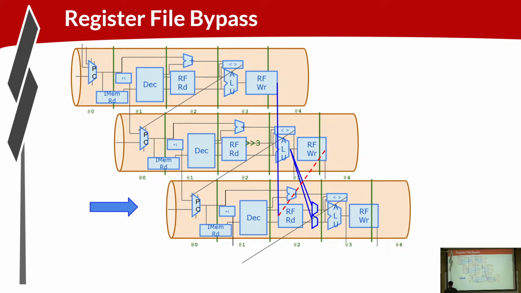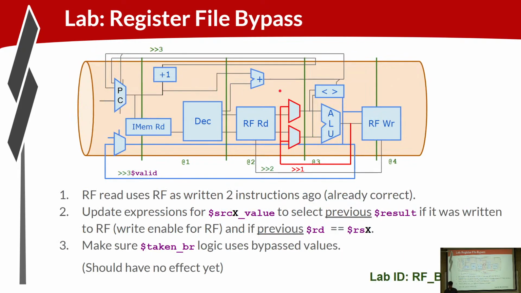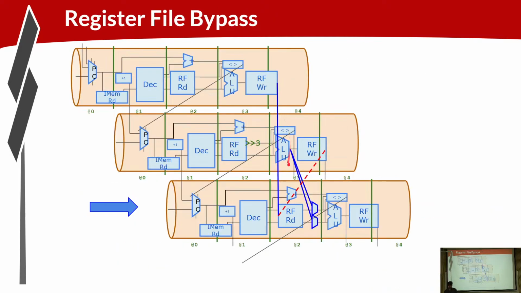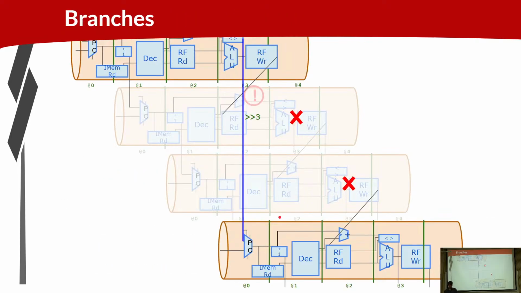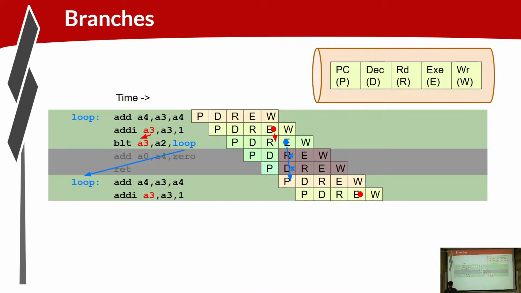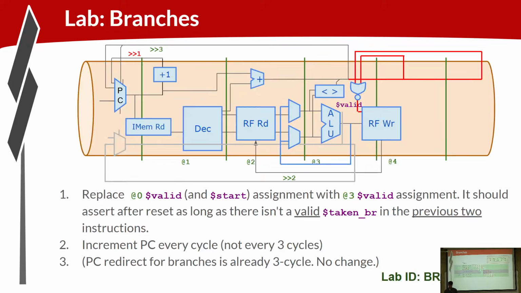Then we dealt with the hazards. First, the register file bypass. We added this path to take care of the 1-cycle dependence, and in the waterfall diagram, it gives us this path here to resolve this broken path from the register file. Then we dealt with branches by creating the branch shadow for taken branches to give us this behavior.